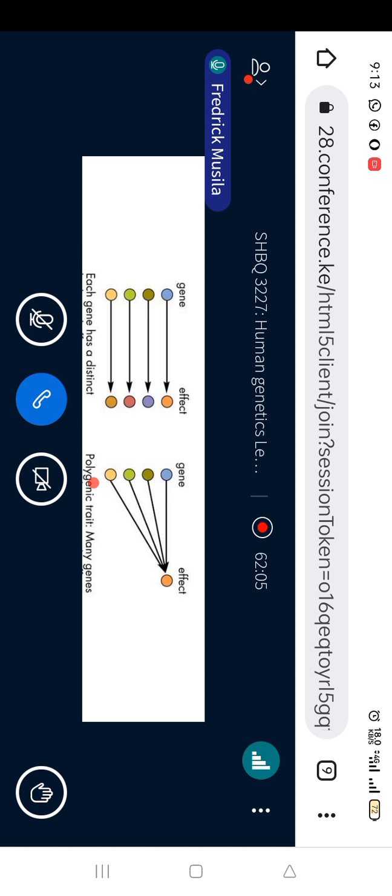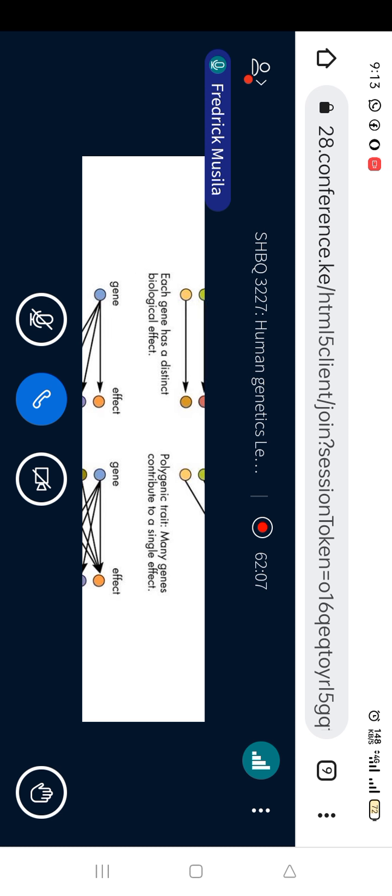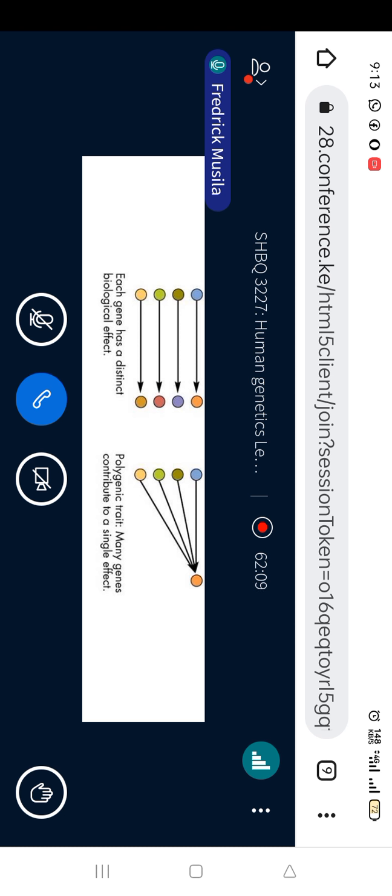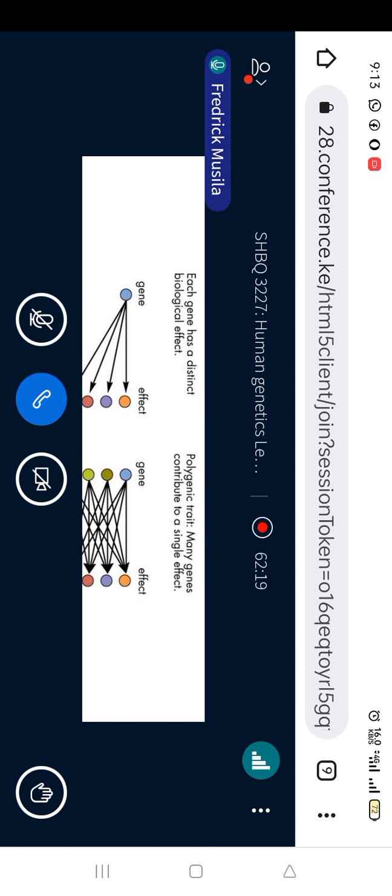So this is just a chart to show you the relationship. This is the normal Mendelian case, one gene, one effect. But now this is polygenic: very many genes, same trait, like height or hair color. The opposite, pleiotropy, is one gene, very many traits. And this is just a mixture of the two.